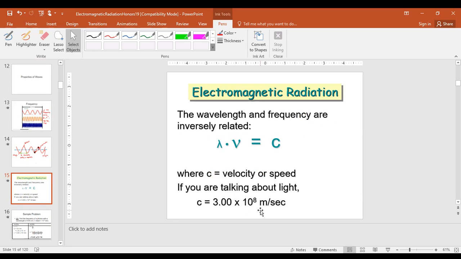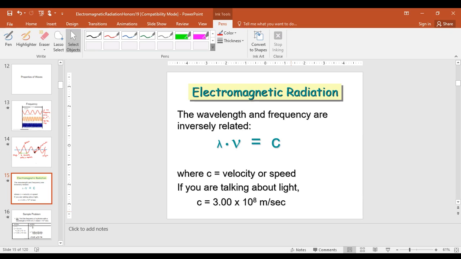The equation that relates these is c, which is the speed of light, is equal to the wavelength, lambda, times the frequency, nu. When we're talking about electromagnetic radiation, the speed of light is 3 × 10⁸ meters per second.